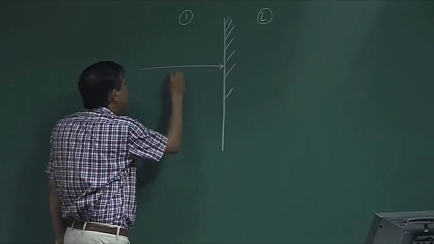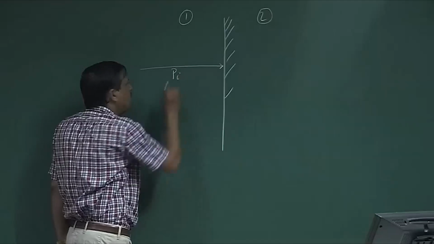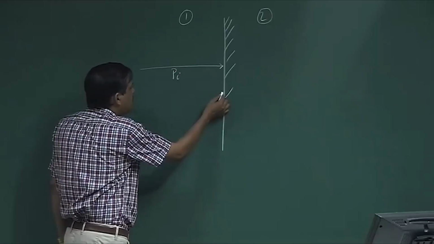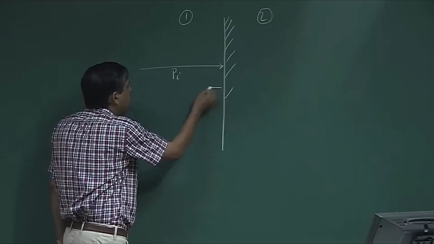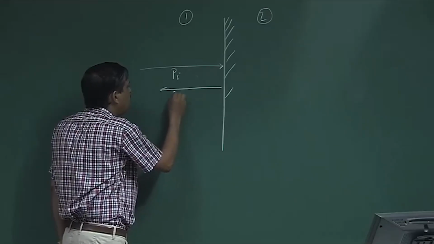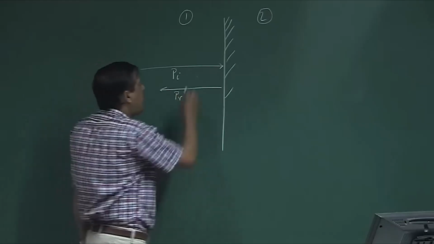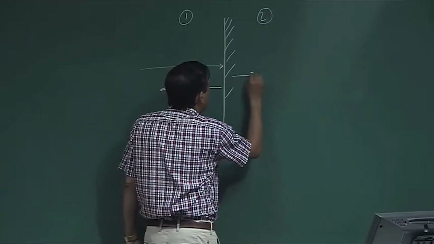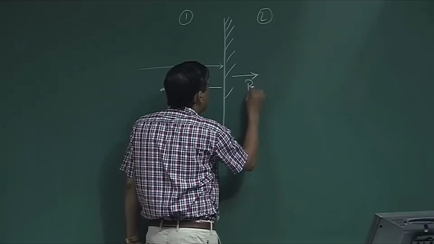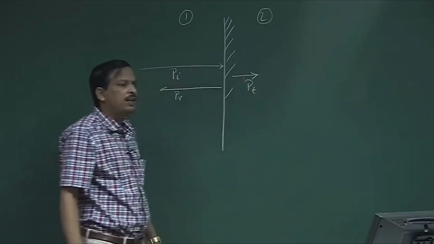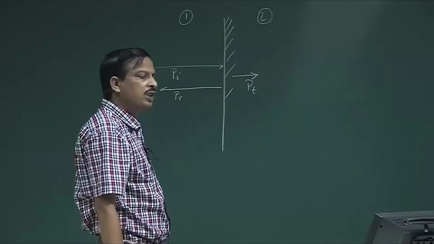That is called the incident wave, with pressure Pi. If it is normally incident, the reflection will also be normal. PR is the reflected wave, and some portion of the wave will be transmitted into the second medium, that is PT, the transmitted pressure wave.